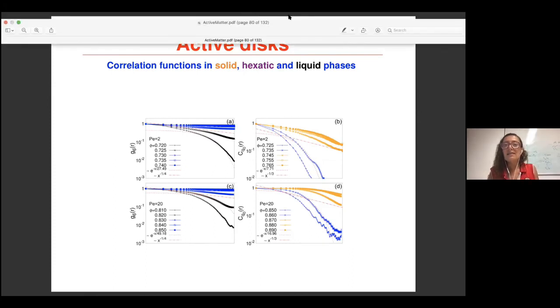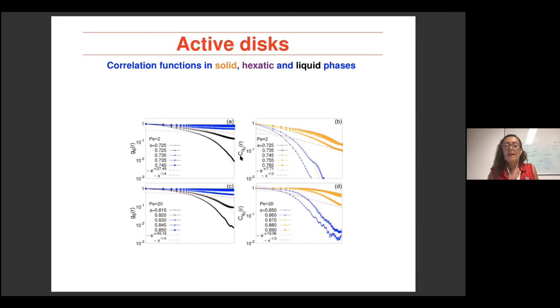Let me see the chat. Isn't it two transitions, KT and inverse KT, even in the passive case? No, they're not KT. So the solid-hexatic is KT in the passive case, but the hexatic-liquid is not KT. And there are different ways to see it. You can see it from the coexistence properties of these two phases.